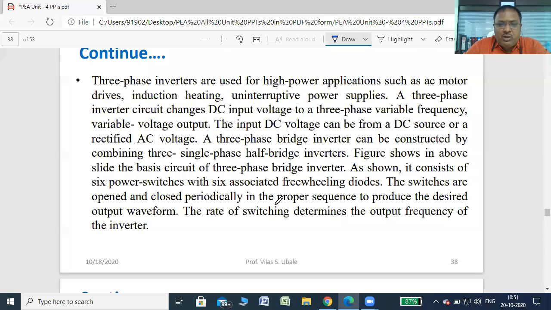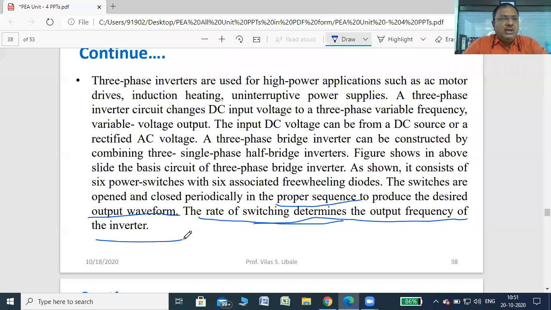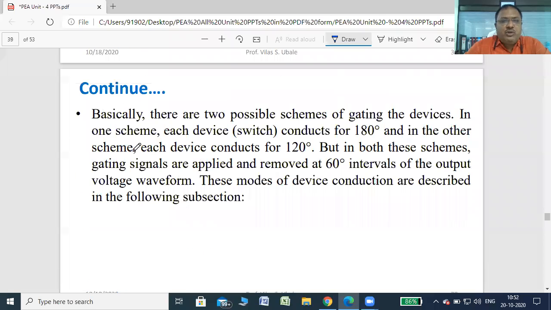This is again important: proper sequence to produce a desired output waveform. The rate of change of switching determines the output frequency of the inverter. As we already know, if the on time of switches decreases, then the overall frequency increases. If the on time of switches increases, the frequency of the inverter decreases. So we already know that.